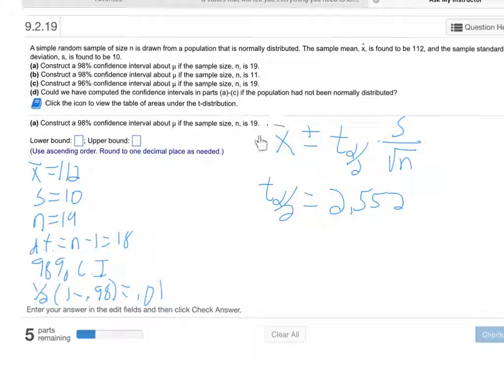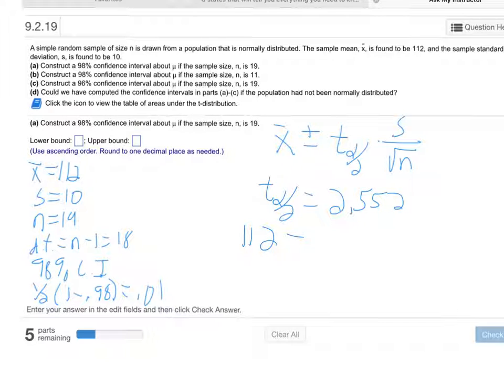So now we know everything in this formula. For this formula, the minus gives you a lower bound and the plus gives you the upper bound. And so if I use that formula, here are all the numbers. The sample mean is 112.